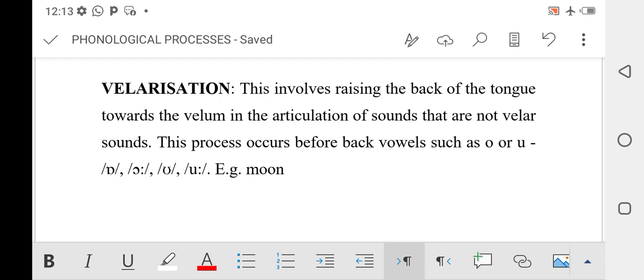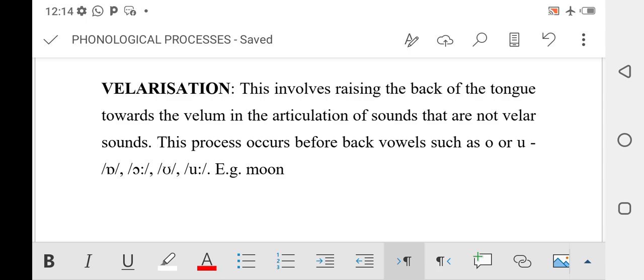All right, now oo is a back vowel. U is a back vowel. O is a back vowel. Now when I am producing something and there is a particular phoneme and it begins to co-occur with a back vowel, that sound becomes velarized. For instance, m is not a velar sound, it is a nasal sound.